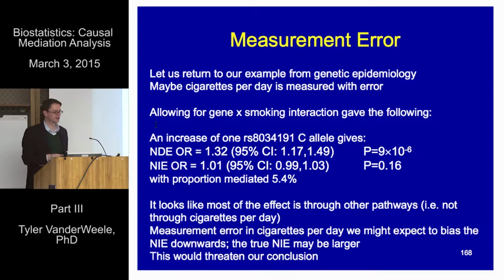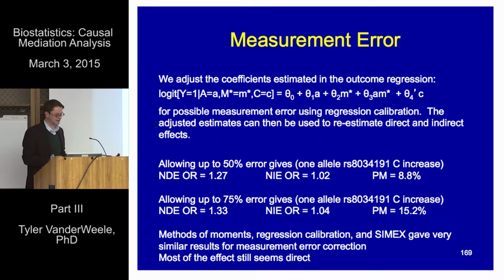So how might measurement error affect these conclusions? If we fit a model for the outcome using the observed mediator measurement, but adjust for measurement error using regression calibration, here if we specify lambda as 50%, in other words, of our mediator measurement, 50% is due to true mediator value, 50% is due to error, the natural direct effect goes down somewhat to 1.27.